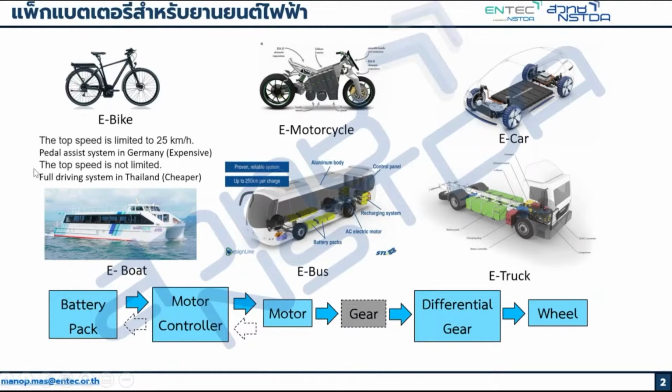so basically the motorcycle has the hand accelerator, which is the same with the motorcycle. E-car, e-truck, bus and boat are the same.